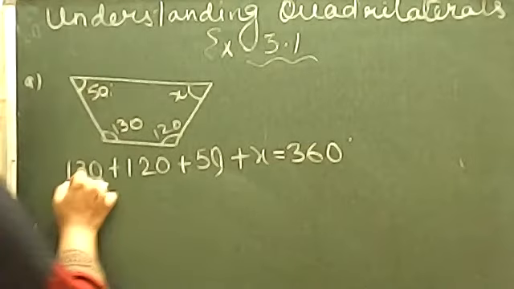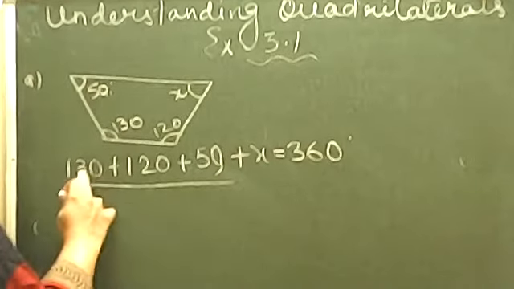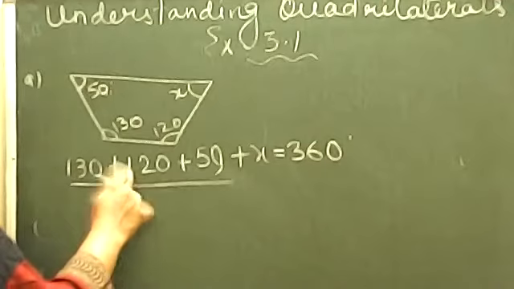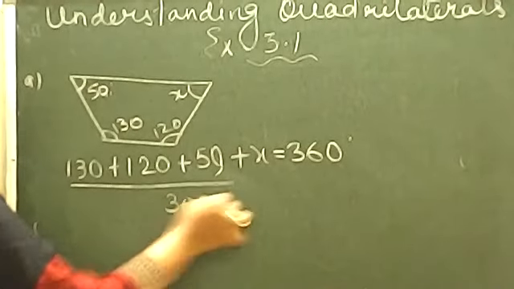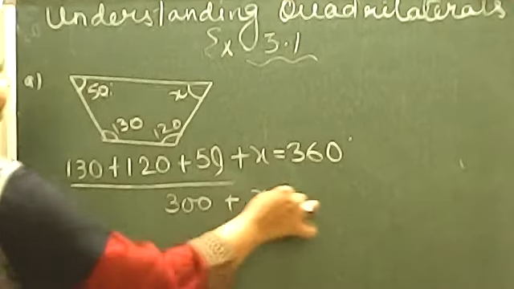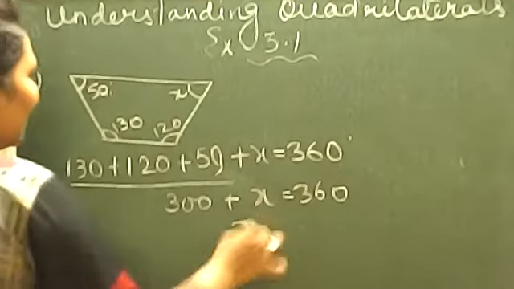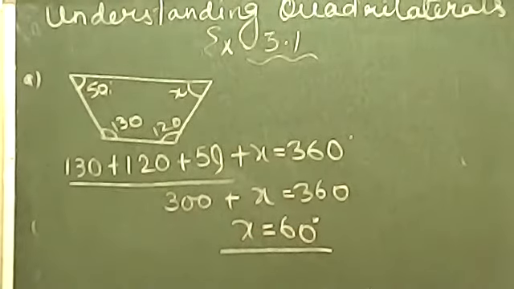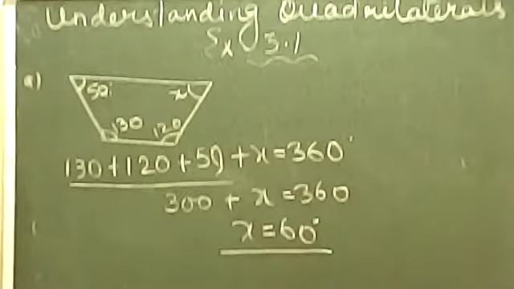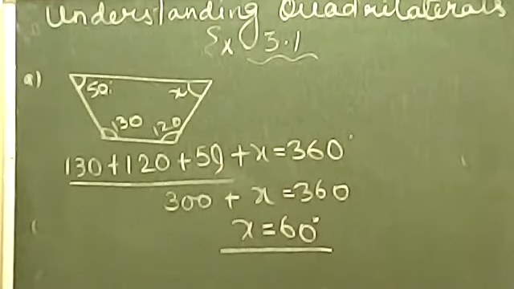So you just simply add these: 130 and 120 is 250, 250 plus 50 is 300, and 300 plus x equals 360. The value of x will be 60 degrees. How do you get 60 degrees? 360 minus 300 gives you 60 degrees. This is all about question number 1.